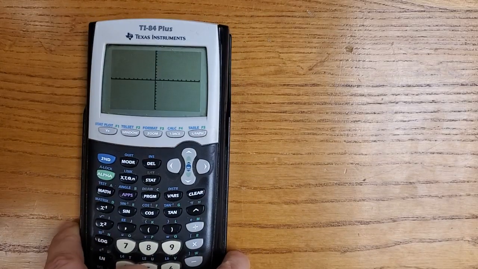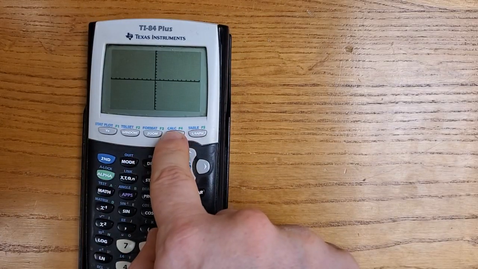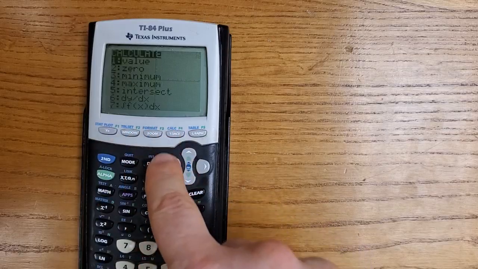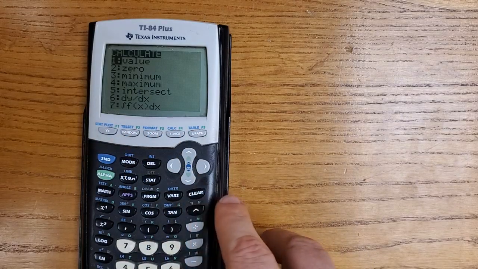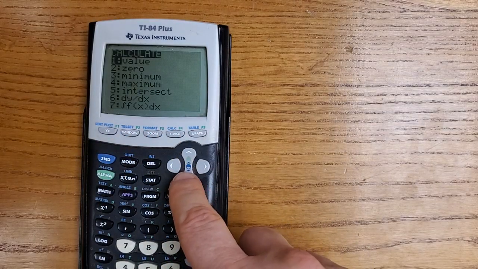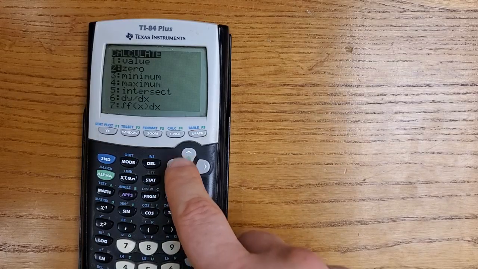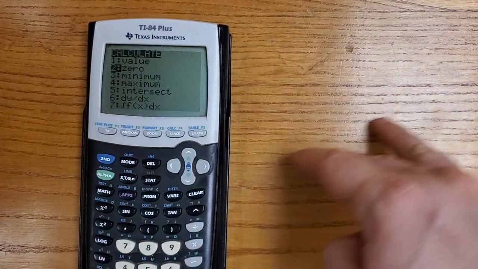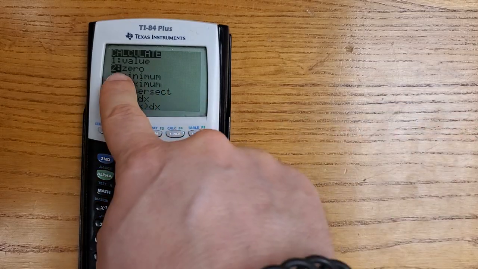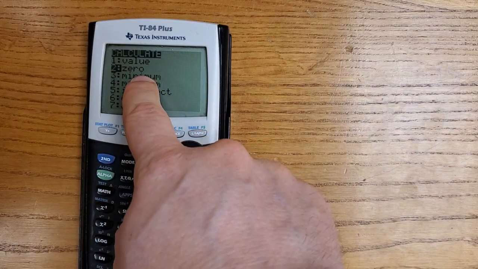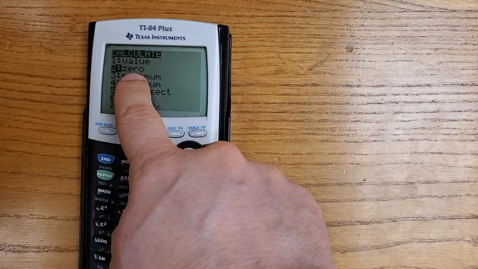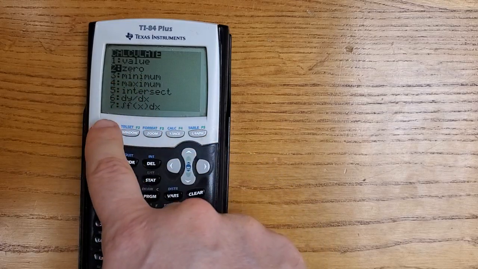But the one that came up a lot is the calc menu, and that gives us these options. If you have some function graphed, you can find the zero of it. It'll tell you where it crosses the x-axis.